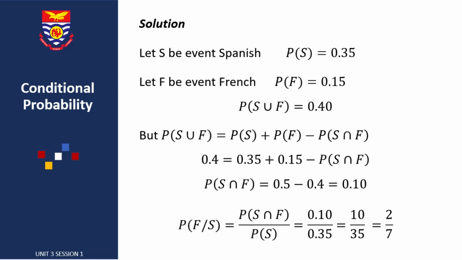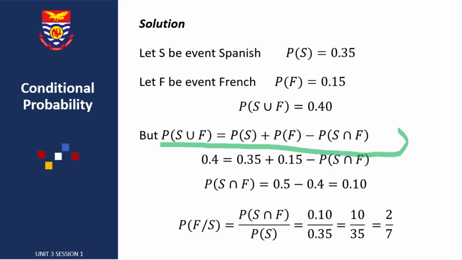The question demands that we find the probability of F given X, which is the probability of X intersection F all over the probability of X. But in the question, we were not given the probability of X intersection F. By the normal rule of a two-set problem, the probability of X union F should be equal to the probability of X plus the probability of F minus the probability of X intersection F. And bear in mind our interest is in the probability of X intersection F.